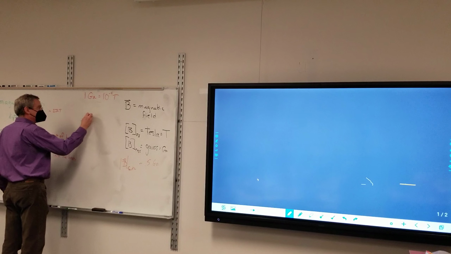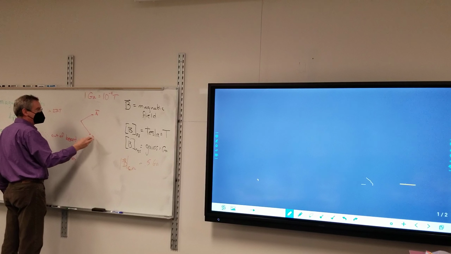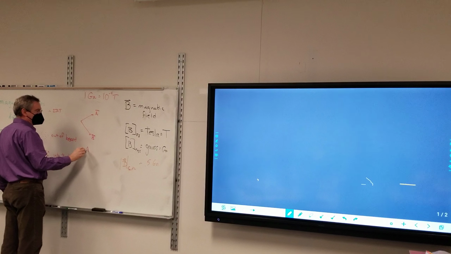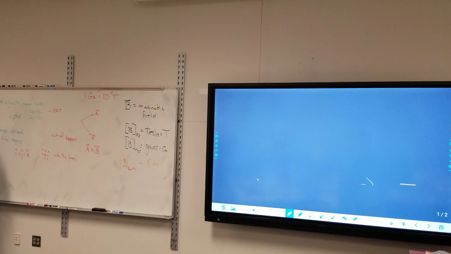If I have a vector A and a vector B, and I'm doing a cross product of A cross B, dot products, as you deal with energy and work, deal with multiplying vectors in the same direction. Cross products deal with multiplying vectors that are perpendicular to each other.